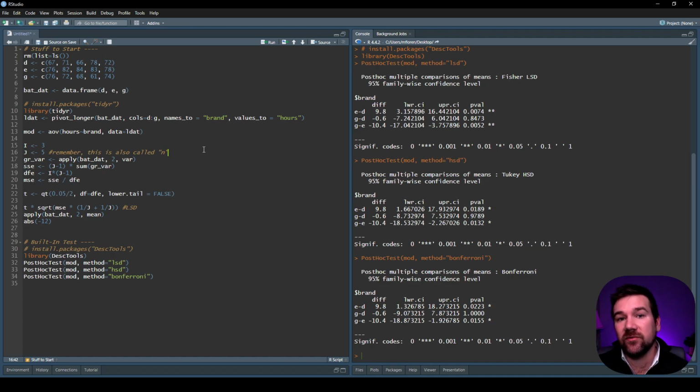We also discussed how we can use built-in tools from the desk tools package, such as the post-hoc command, to run our post-hoc comparisons. While this didn't give us the LSD statistic, this did perform our analyses. It gave us confidence intervals, and it gave us p-values for each of the comparisons so that we could pretty quickly and easily determine which comparisons were significantly different.